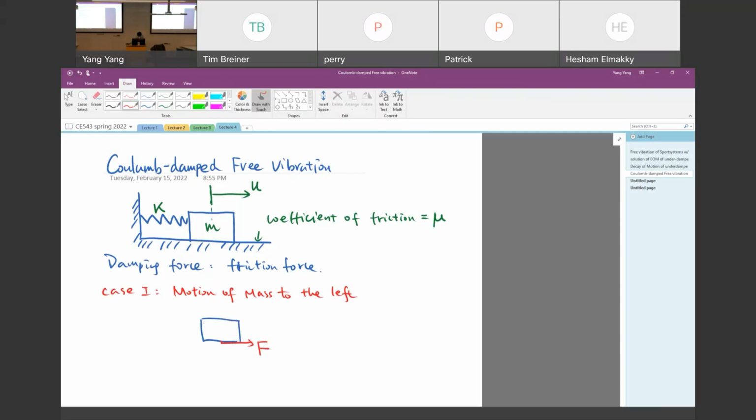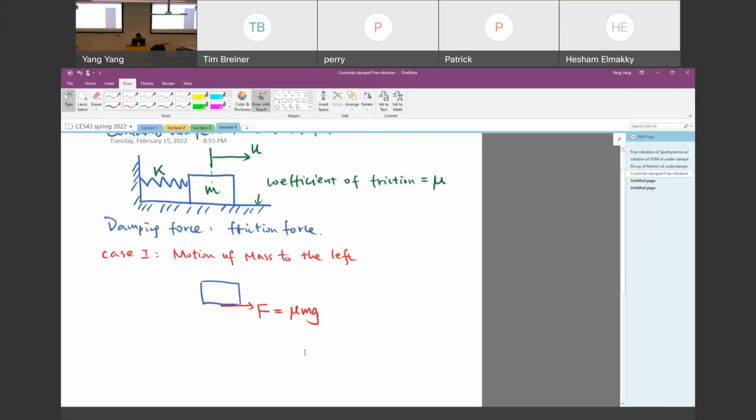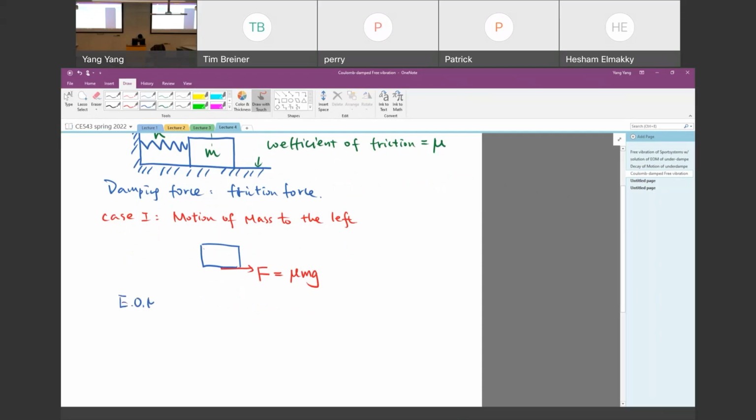This is the friction force, and it is equal to mu times mg. Then the equation of motion in this case, where F is the friction force.